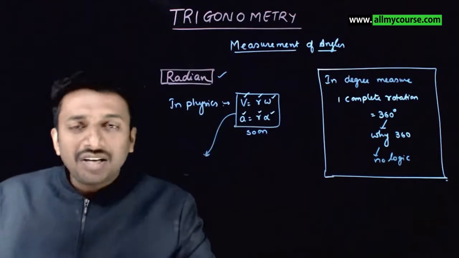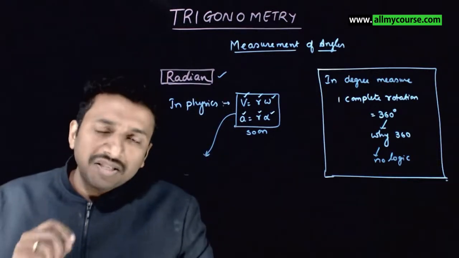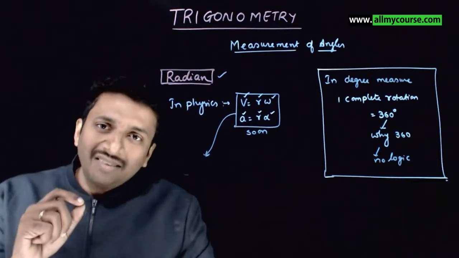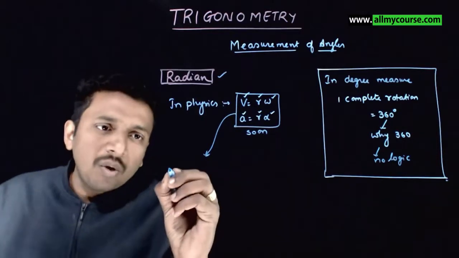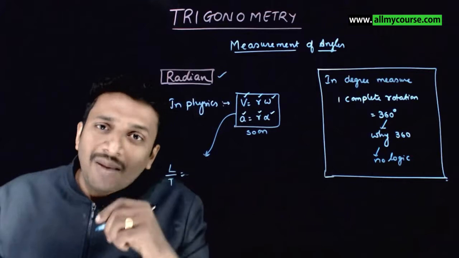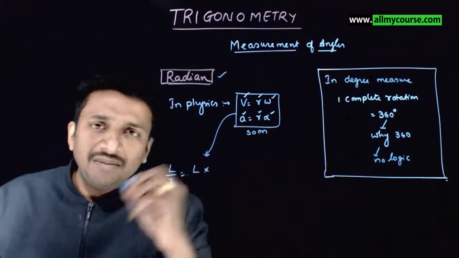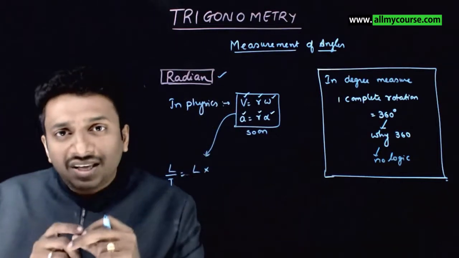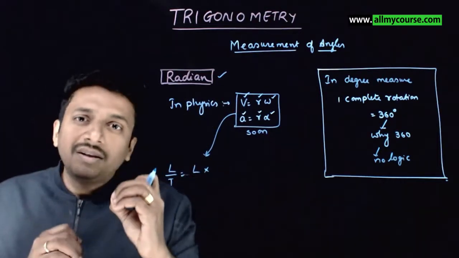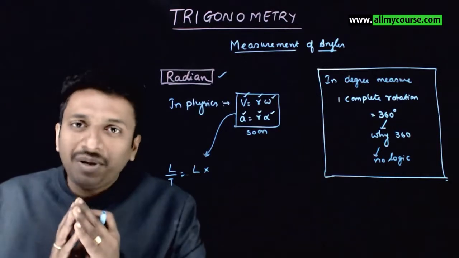So once you do the dimensional analysis for this, what is the dimension of velocity? Velocity is nothing but length upon time, right? So length upon time is equal to, what is the dimension of radius? Radius is a length. So length times angular velocity, which is nothing but angle rotated per unit time.